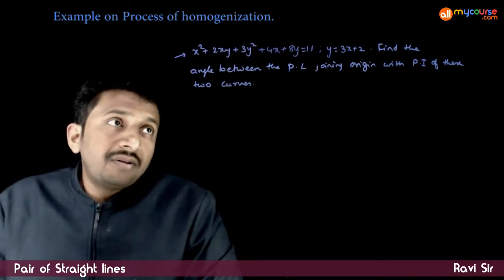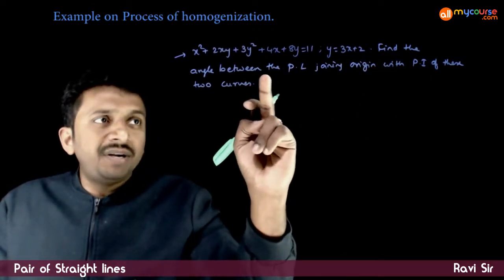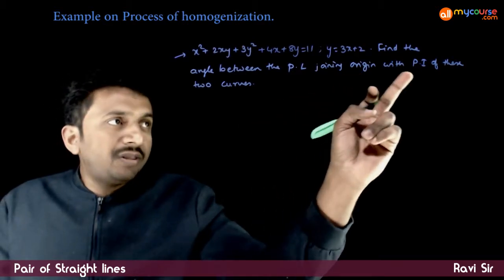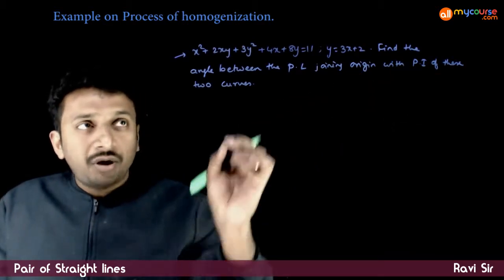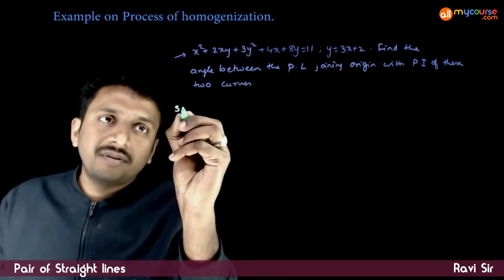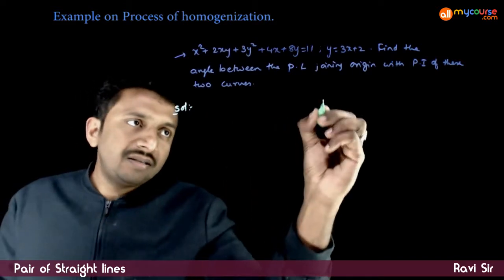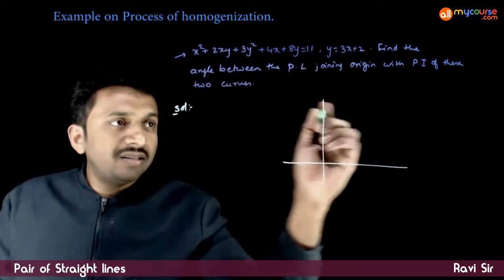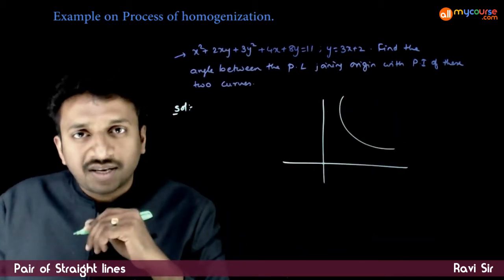In this question, you're asked to find the angle between the pair of lines joining the origin with the points of intersection of these two curves. That is, we have a general quadratic. This might be some curve which looks like this.